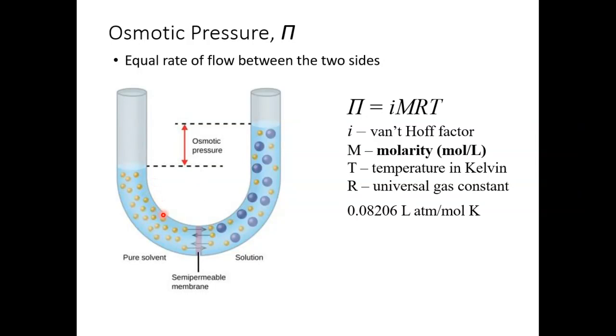The osmotic pressure. The more solute you have, more and more solvent is moving to that other side, so you end up with a very large difference in volume between the two sides. A very large volume difference means a large osmotic pressure.